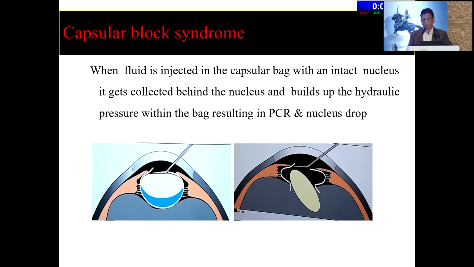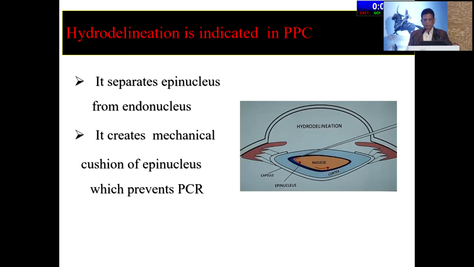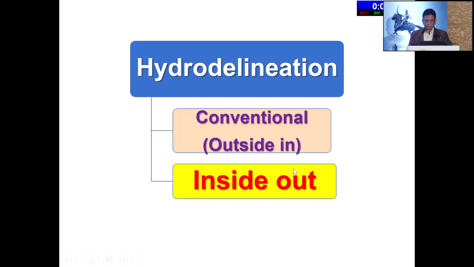There is also capsular block syndrome, because when the fluid is injected in the capsular bag with an intact nucleus, it gets collected behind the nucleus and builds up hydraulic pressure within the bag, resulting in PCR and nucleus drop. So hydrodelineation is the best procedure, as it separates the epinucleus from the endonucleus, and it creates a mechanical cushion of epinucleus which prevents the PCR.